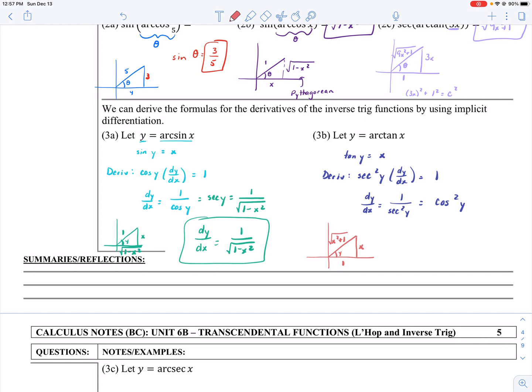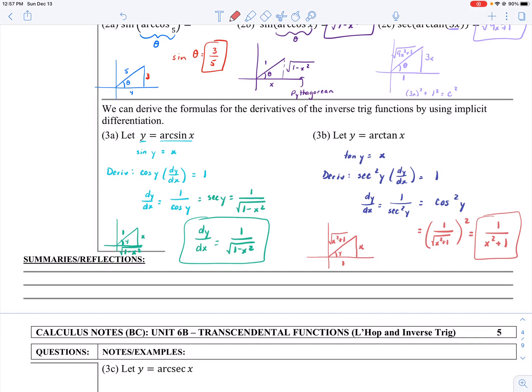So when I plug in, I'm doing cosine. Cosine is 1 over the square root of x squared plus 1. But remember, it's all squared because it was cosine of y squared. Well, 1 squared is still just 1. But when I square the bottom, the square root goes away, and there is your dy/dx.